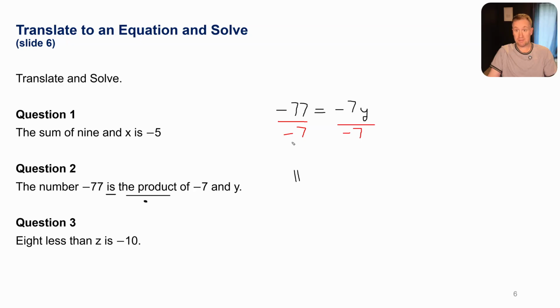Negative by a negative is positive. So I would have positive 11 equals, that basically changes to 1y. You could write it just as y though. So I have 11 equals y, or I could reorder the equation to y equals 11. Either way is a valid way of writing that answer.